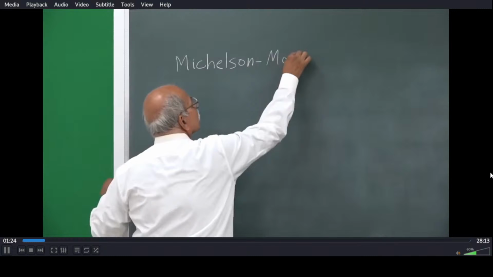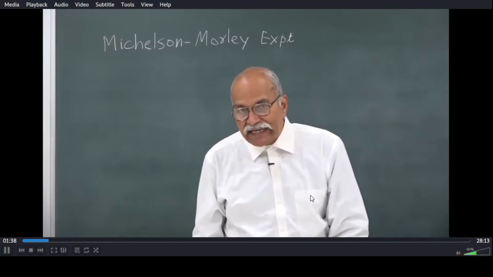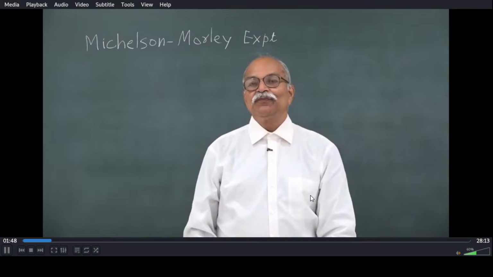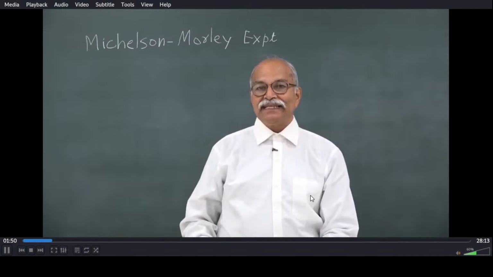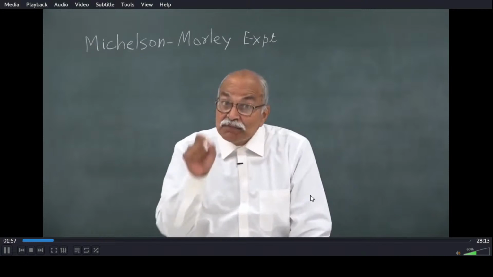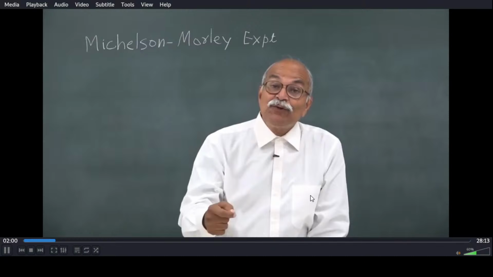So, Michelson was the senior person and who measured speed of light also using his own design of experiment and did many other things, and Morley joined him to further improve the sensitivity and accuracy of the experiment, and this very famous experiment is perhaps the one Einstein is referring to, that unsuccessful attempt and all that.